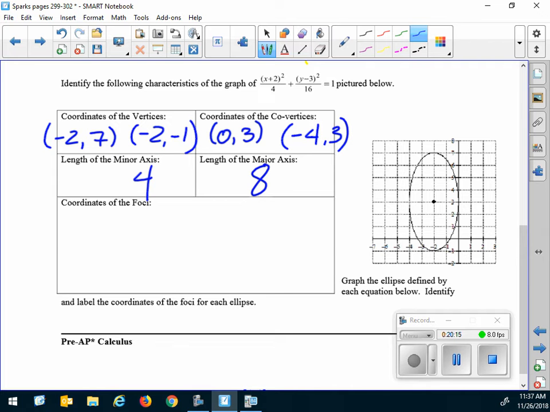Coordinates of the foci. Now this is the hard part. Remember, the equation is b squared plus c squared equals a squared. Because remember, the distance from the center to a vertex, which is A, is the longest of the distances. So that's got to be on the equals. So, what is A? A is the distance from the center.